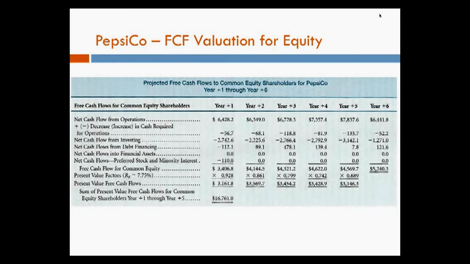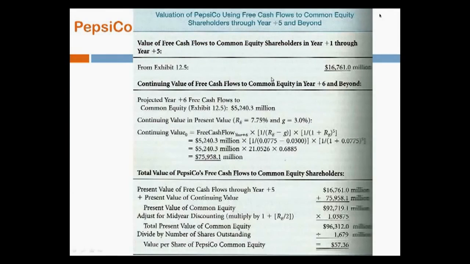Once again, we will do our continuing value. Use the 5th year, multiply it by the perpetuity factor, discount it back 5 years, and you have your continuing value.